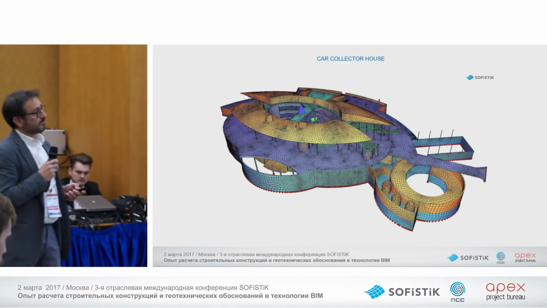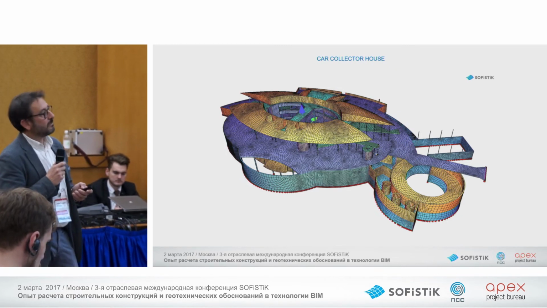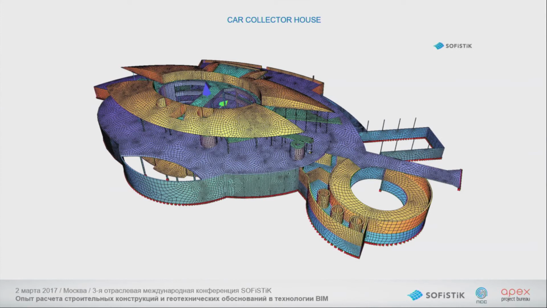This is a strange family house. This is a car collector. You cannot see the length of the house here, but I can tell you that this house has a parking lot for 120 cars. It's a really amazing house.